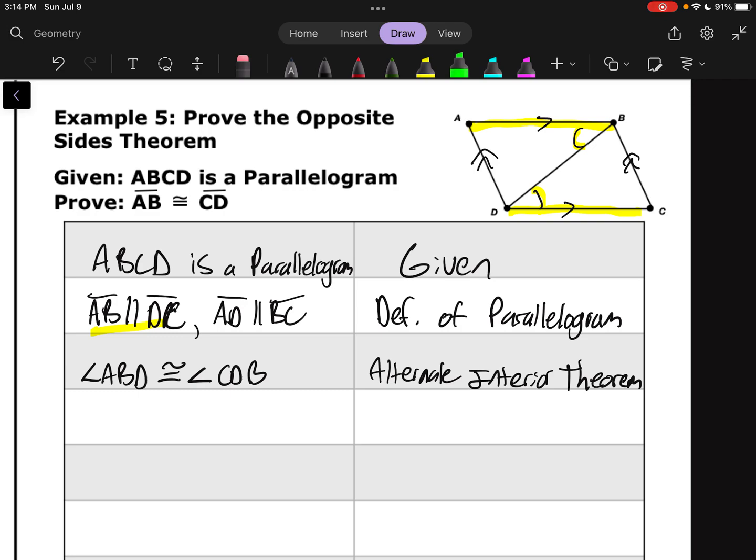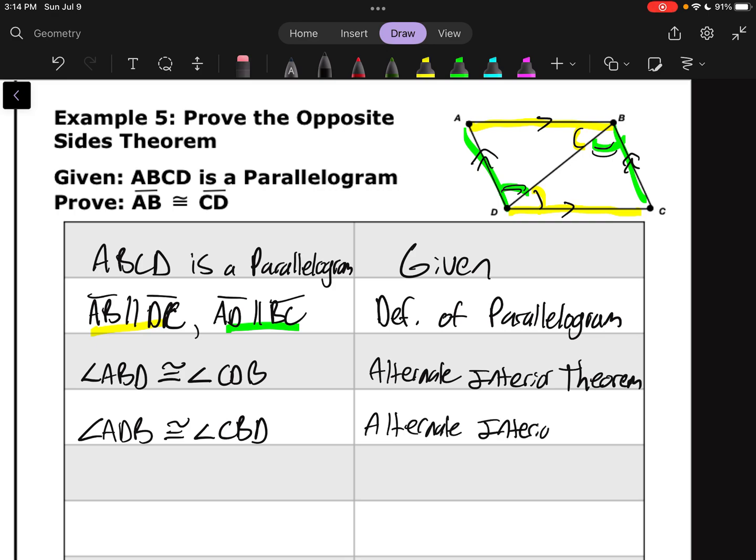And then since these lines are parallel, we can get these alternate interior angles. So angle ADB has to be congruent to angle CBD, also by the alternate interior theorem.